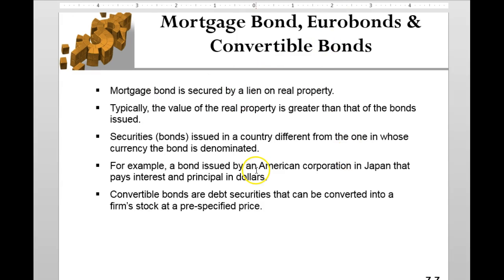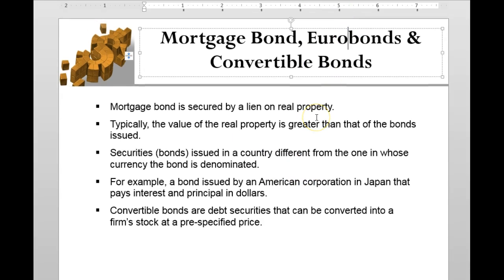And then you have securities that are issued to a country different from the one they're issued in. A Eurobond, okay, is a bond that's issued in another country.